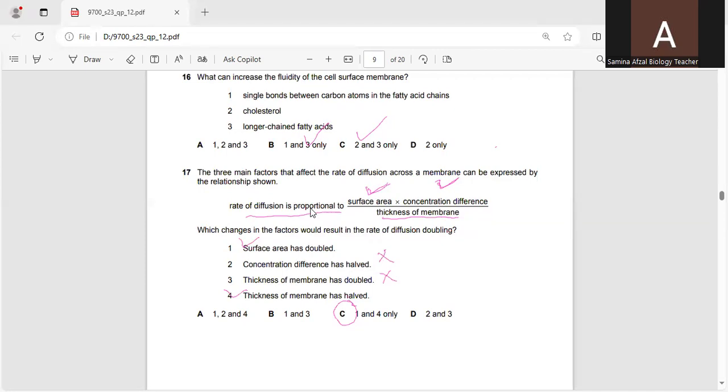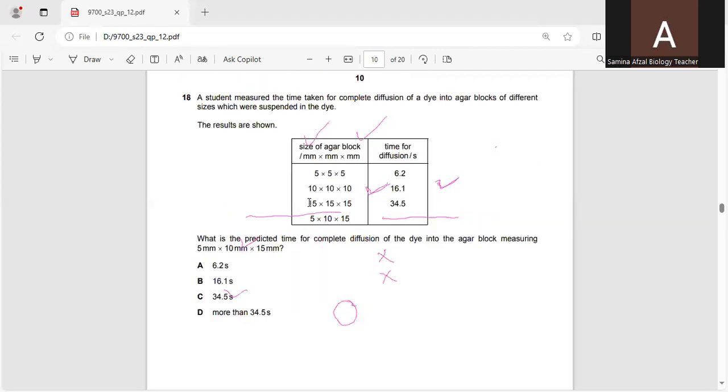Now, question number 18. A student measured the time taken for complete diffusion of a dye into agar blocks of different sizes which were suspended in the dye. The results are shown. 5 by 5 by 5 is 6.2, time is 6.2, 10 by 10 by 10 is 16.1, 15 by 15 by 15 is 34.5.